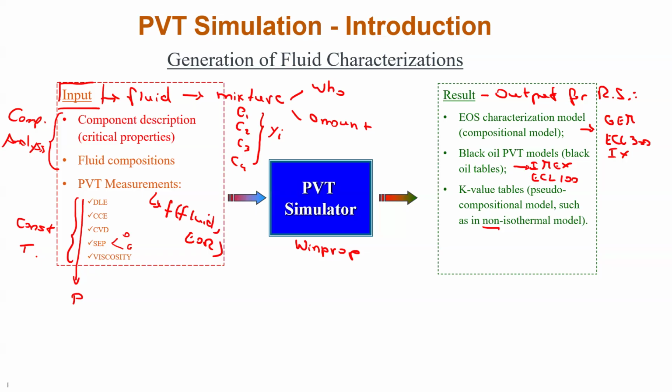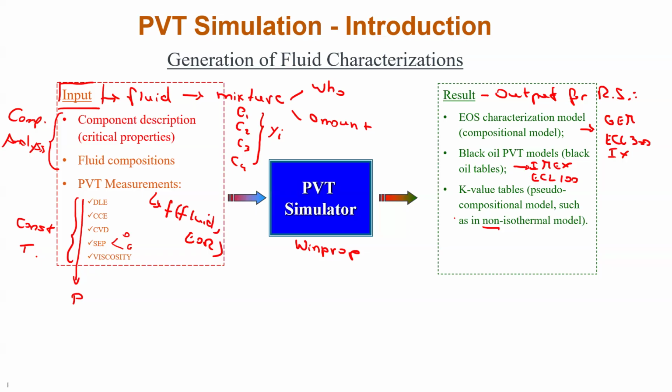So instead of running the flash calculation at each Newton iteration, we simplify the solution using the k-values table.